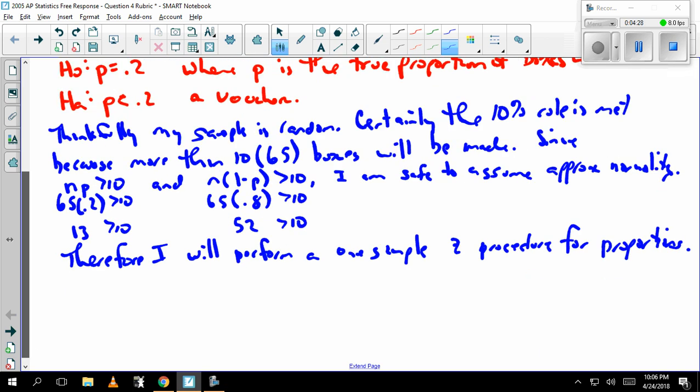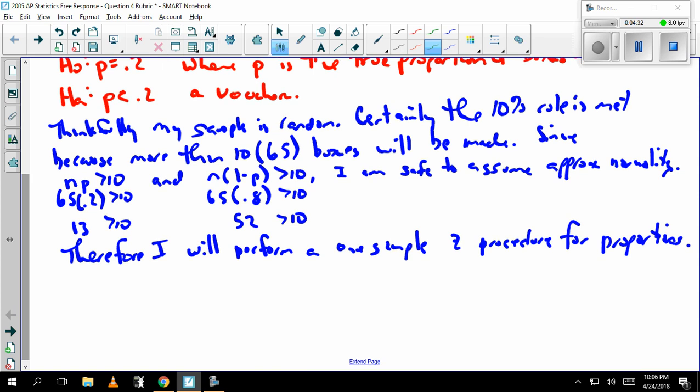Third part of this says that we want to actually do the math. So the math comes in looking like this. Z, we got a little normal curve going over here, and Z is going to be p hat minus p over the square root of p times 1 minus p over n.